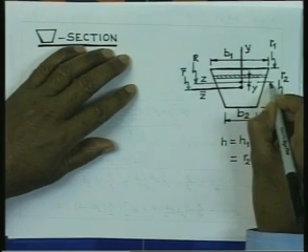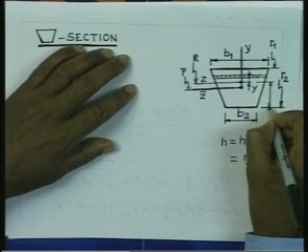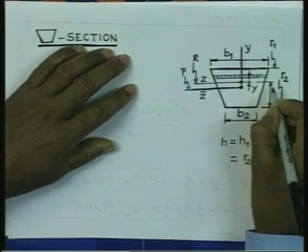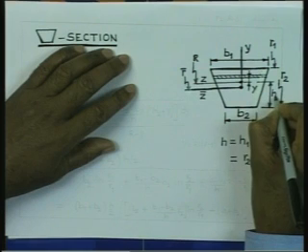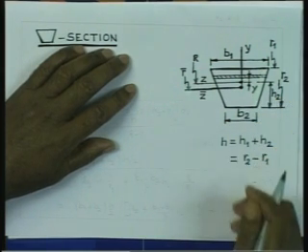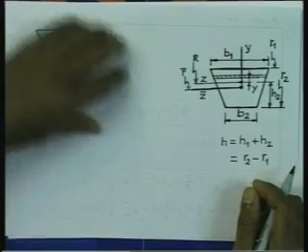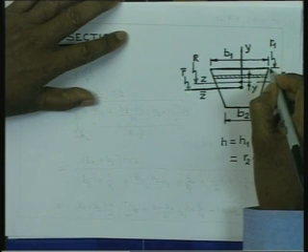We also would like to indicate that the fiber at the bottom is at a distance of h2 from the neutral axis. This height is h1.